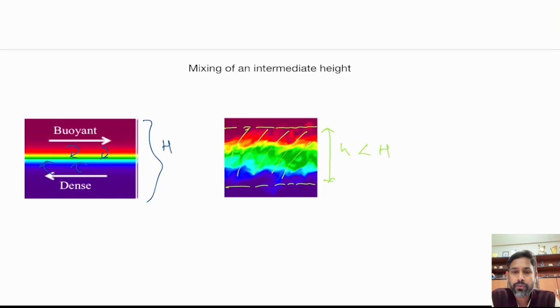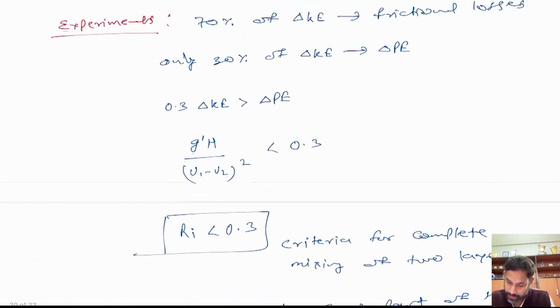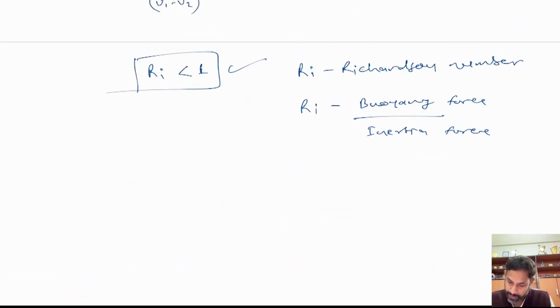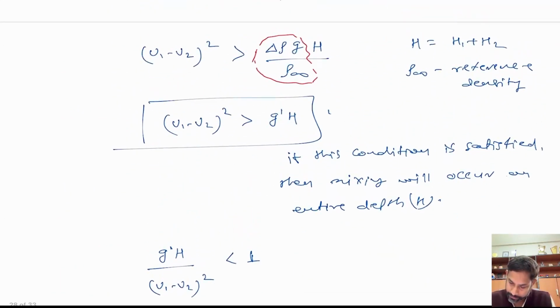So to be able to find this small h that actually has completely mixed fluids, when Richardson number is greater than 0.3, in that case we can still use this formula that we have derived to find the thickness of mixing.